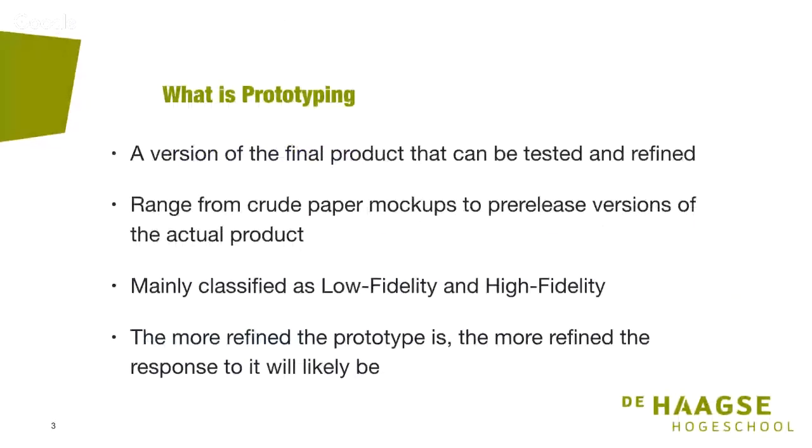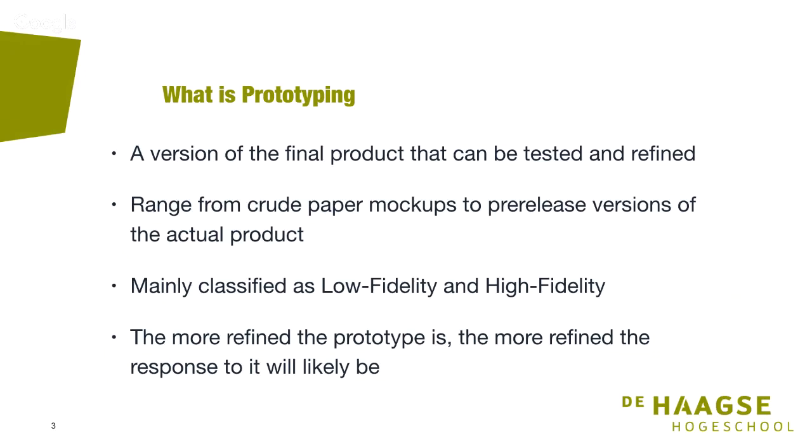What is prototyping? A prototype is a version of the final product that can be tested and refined. And there's a whole range of prototypes. A prototype can be a very crude paper mock-up, which we will see in a bit, just a sketch on a piece of paper. There's already a prototype of your system.